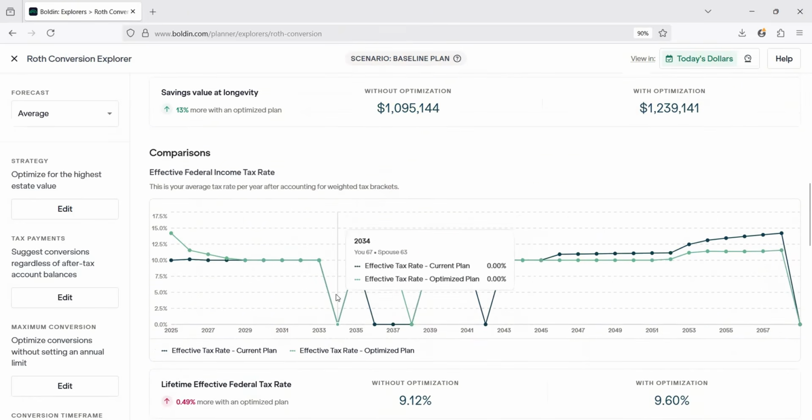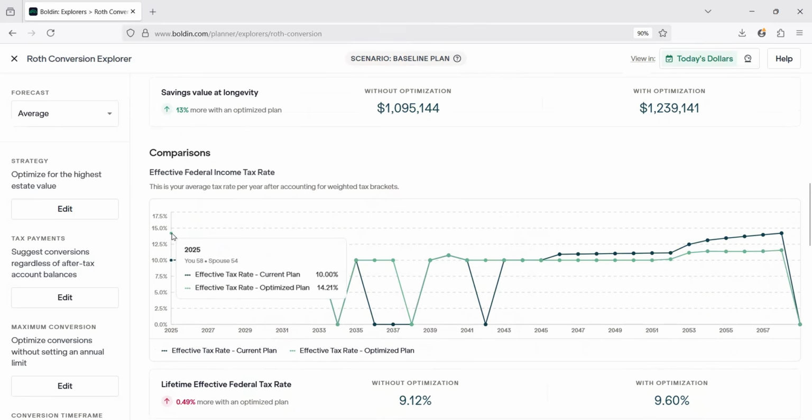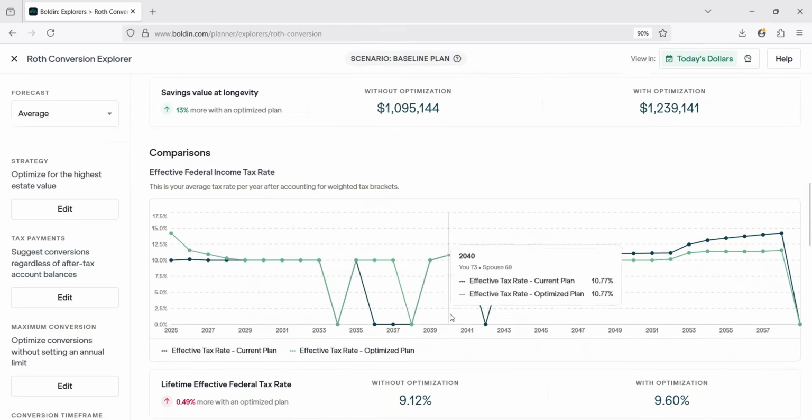This graphic here. You can see the federal income tax rate. The green is the optimized plan, and the blue is the current plan. So where do you really win here?